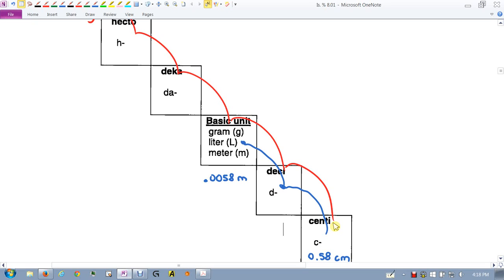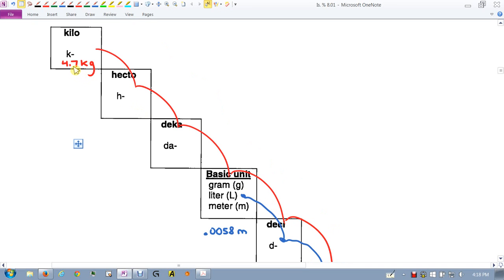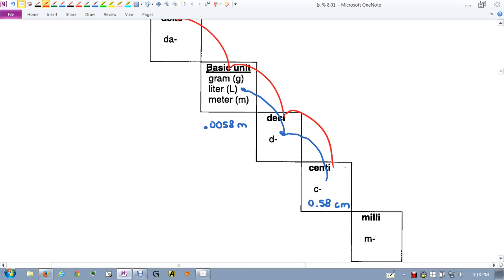So I'm going to take the decimal point that was right here, 4.7, I'm going to move it 5 to the right, which would be 470000. Is there 4 zeros? And then put behind that what? CG, centigrams. So 4.7 kilograms is 470,000 centigrams.